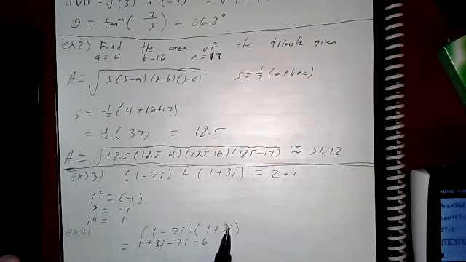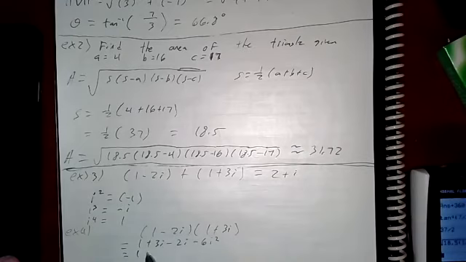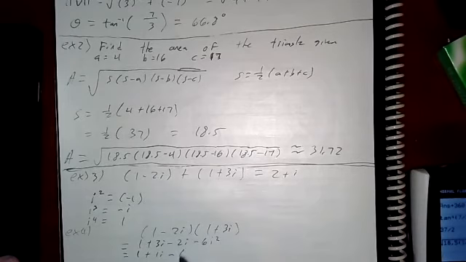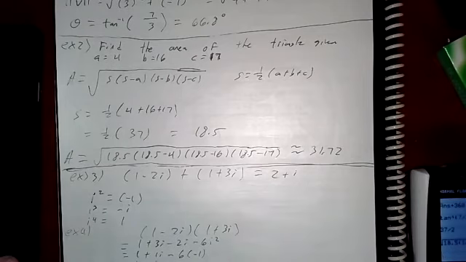Negative 2 times 3 is negative 6, but i times i is i squared. So 3 minus 2 is 1i, and this guy becomes negative 1 times negative 6, positive 6. So you end up getting 7 plus i.